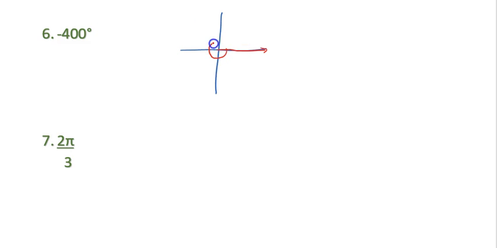So if I go around one time clockwise, that's a negative 360, but negative 400 will be a little past that. And so I need to draw that arrow and my terminal side in. So I'm one time around and a little bit, so I'm in the fourth quadrant. And that's really what I'm going to be checking, is to make sure you land in that right quadrant.